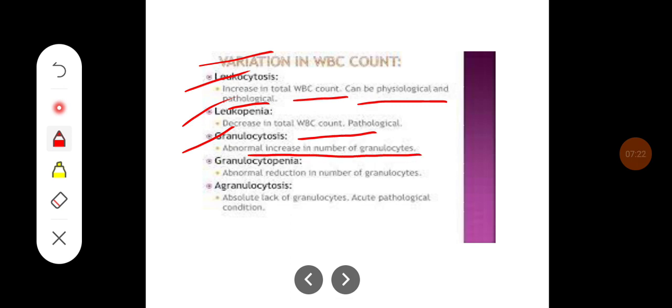There may be an increase in the neutrophil count, eosinophil count or basophil count. Neutrophil count increases in acute bacterial infection, whereas eosinophil and basophil count increases during allergies. Granulocytopenia is an abnormal reduction in the number of granulocytes, whereas agranulocytosis is absolute lack of granulocytes. This is an acute pathological condition.